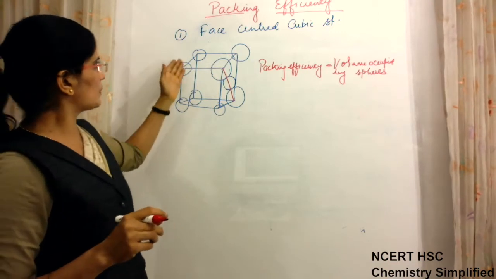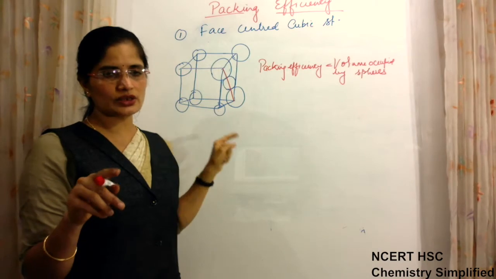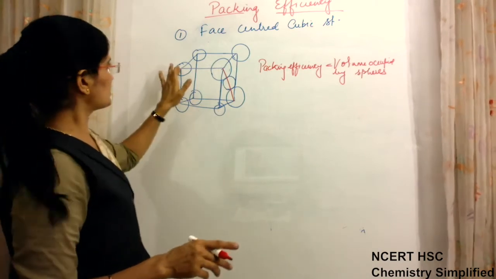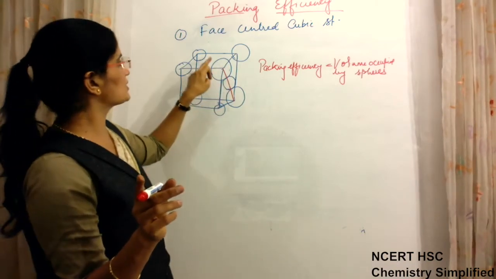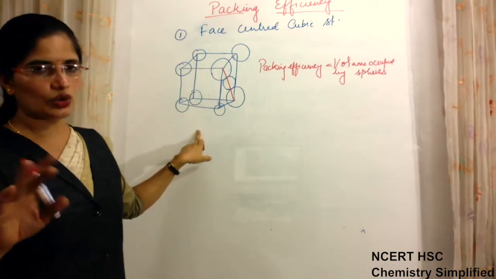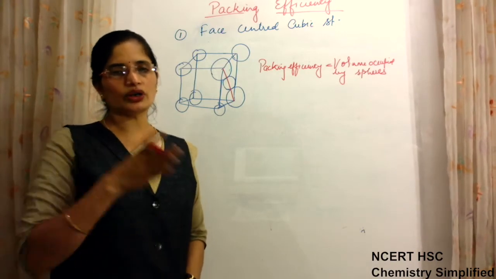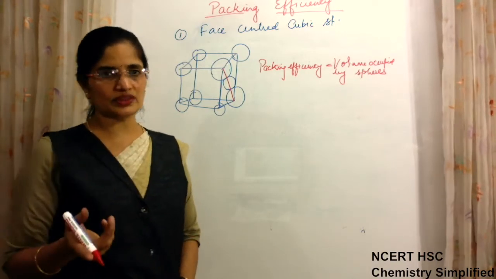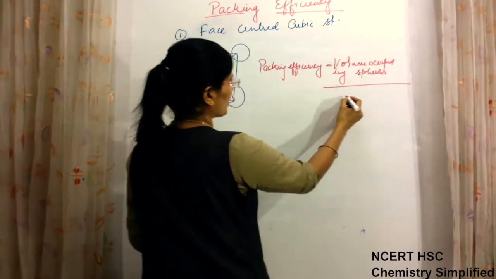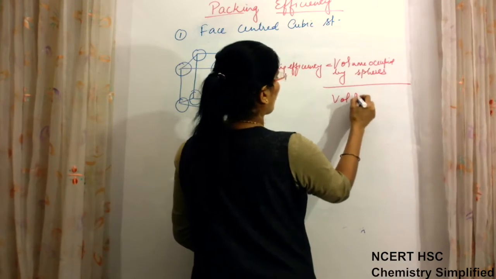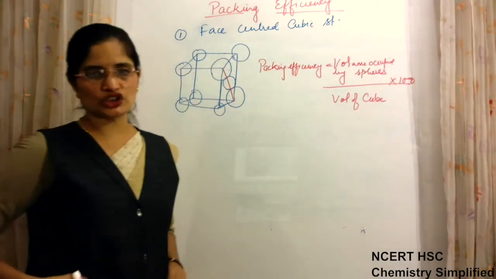How many particles? 1, 2, 3, 4, 5, 6, 7, 8, and we know that each one of them is contributing only 1/8. That means in all, these 8 are contributing only 1, and particles present on each face. So particles present on the faces are 6, and contribution is made by only 3. So volume occupied by these spheres divided by the volume of cube into 100, that will give the packing efficiency.